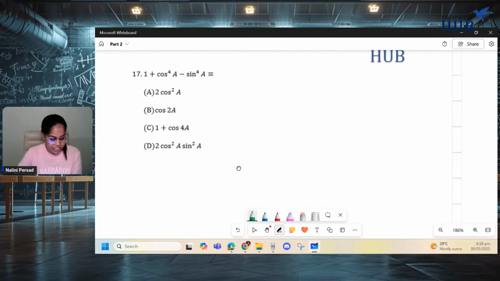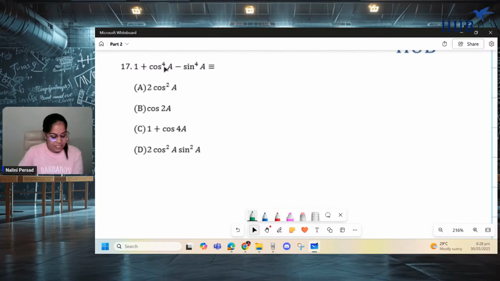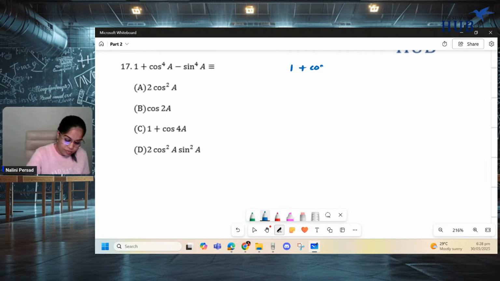Nice and easy, right? 1 plus cos to the power of 4 of A minus sine to the power of 4 of A. When you take a look at these two terms, something should come to mind. This is a difference of 2 squares.